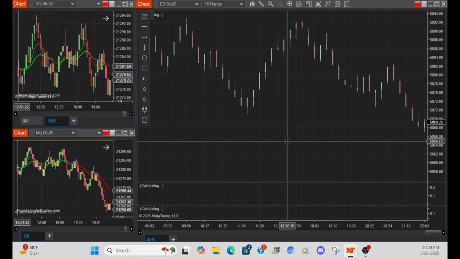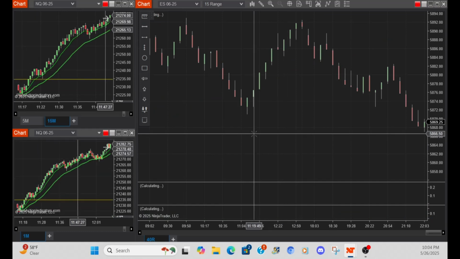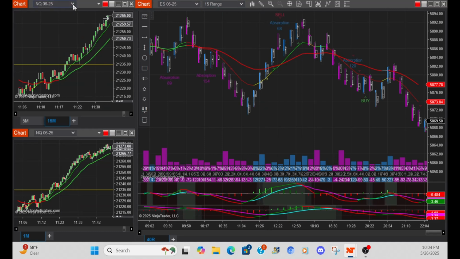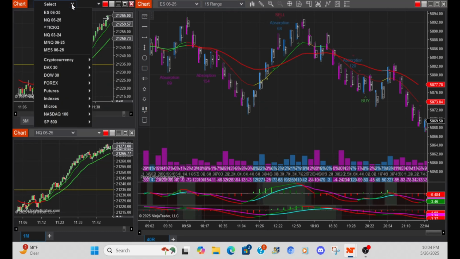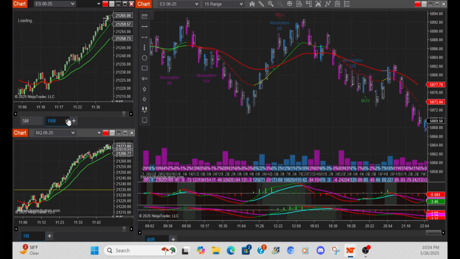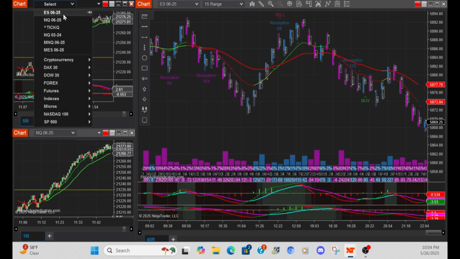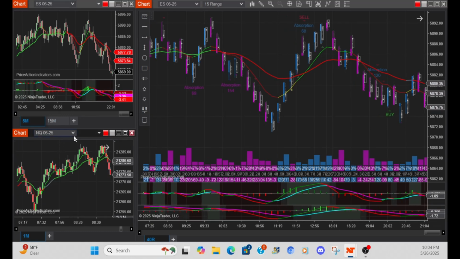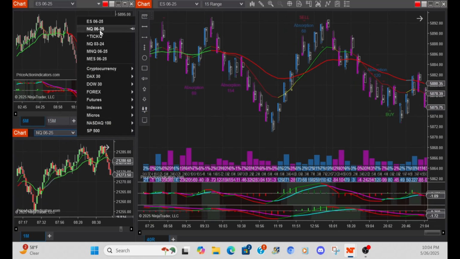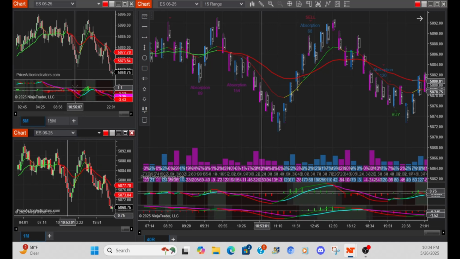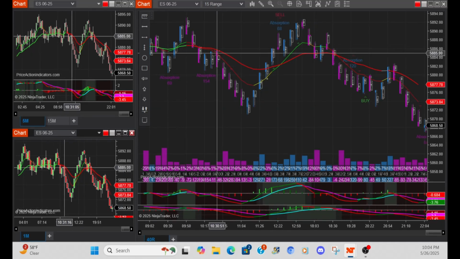Click OK, and that changes to the 15 range. These don't seem to be wanting to change, so we'll change those manually. All right, so now we're set up with the ES on all charts.